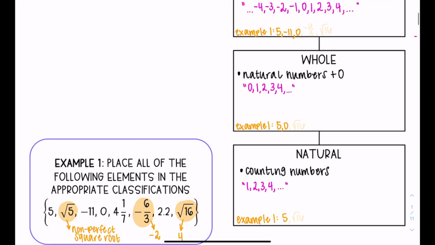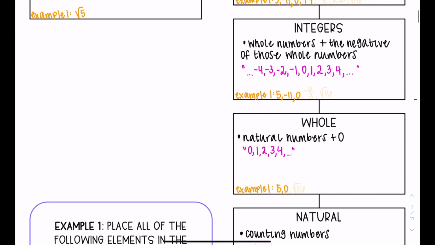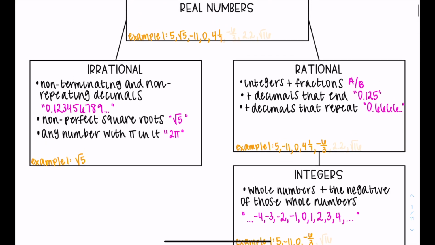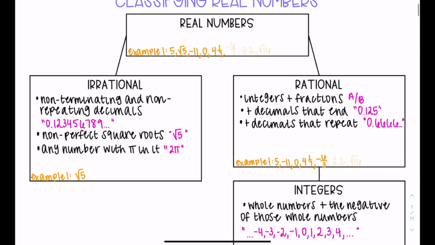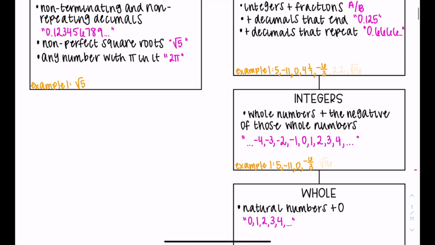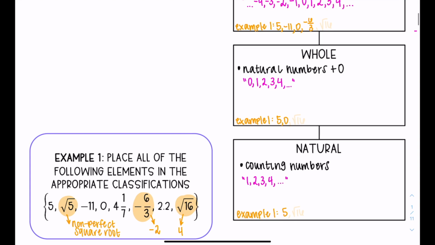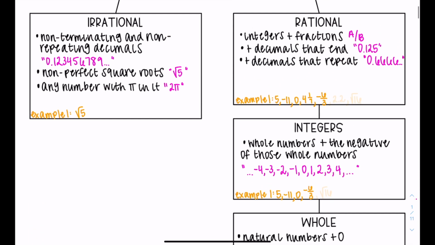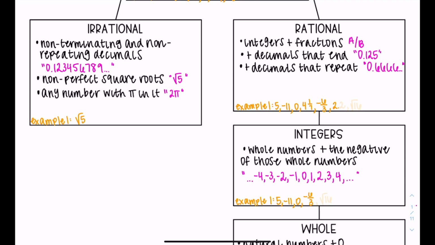It's not a whole number, but it starts at an integer. So we got -6/3, which is also a rational number, which is also a real number. Gonna sound like a broken record by the time I'm done. We got 2.2. Well, that's a decimal that ends. It terminates. And so that's going to start at a rational number, which is also a real number.